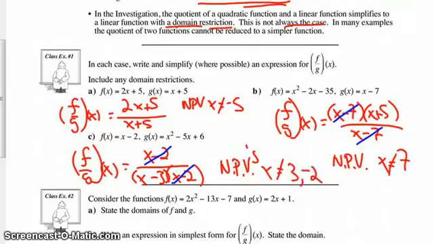But it does simplify to 1 over x minus 3, just as this one simplified to just a simple line of x plus 5 that has a hole.